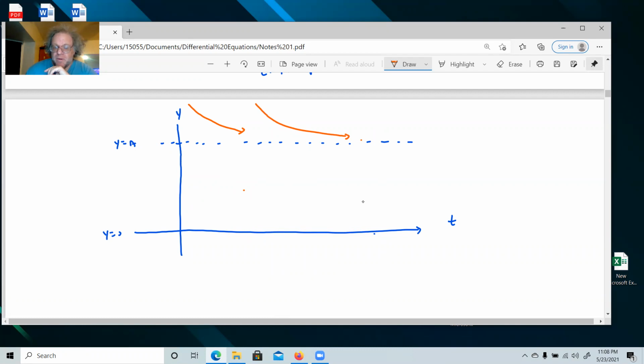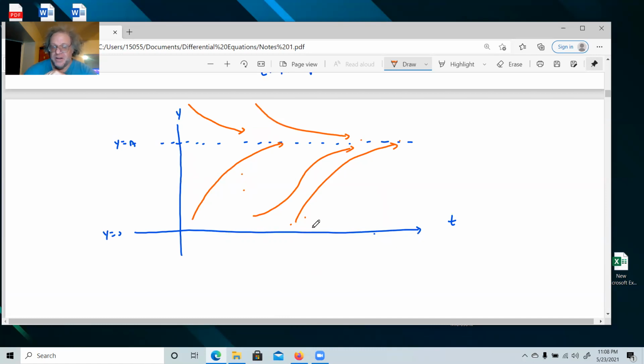I don't know exactly what the behavior is. It might do something like this, or it might just curve in like this. We don't know. But what we're going to see is no matter what t we start at, it's going to be pulled into this y equals a value.